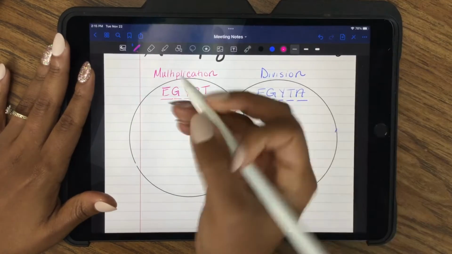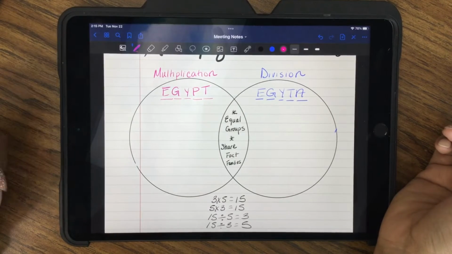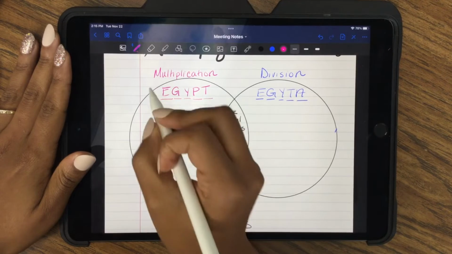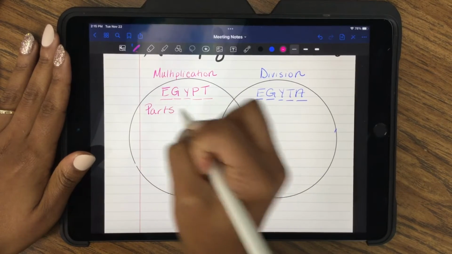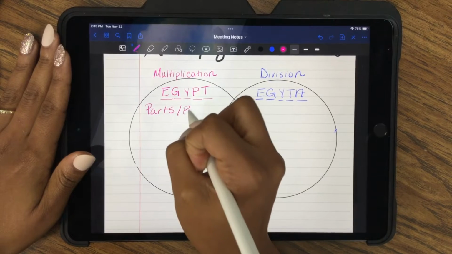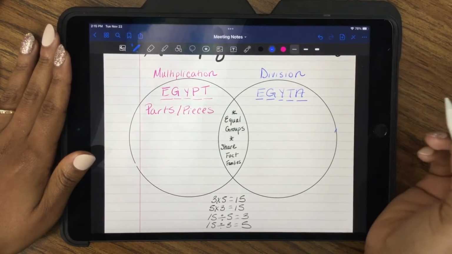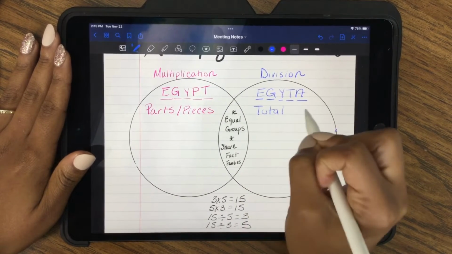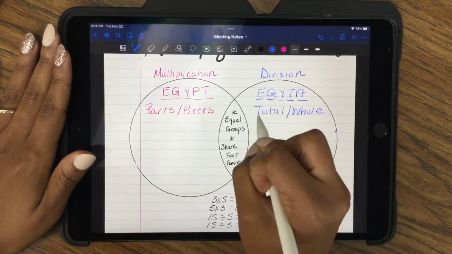So what else? When you look at multiplication and you're reading a word problem, more than likely, or you will always find that they're going to start off by telling you about parts or pieces. For division, they're going to give you the total or the whole, depending on how it's worded, but usually the total.